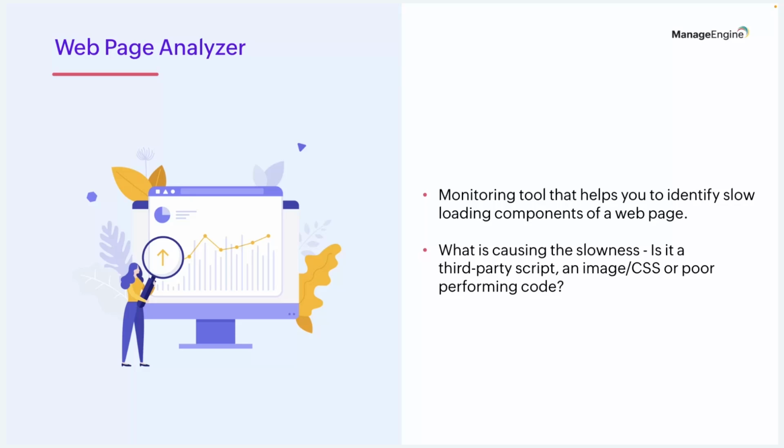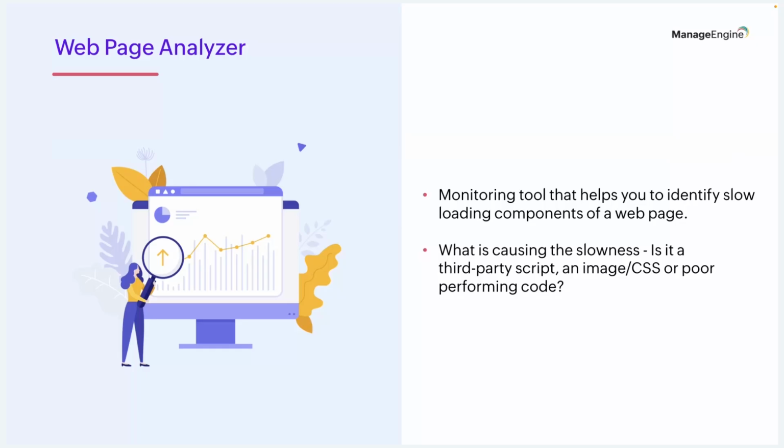This waterfall chart will give you a visual representation of the critical metrics related to each of the transactions, which will help you identify the components that are loading slowly. This way, you can prevent website downtime and slowness and help the website perform optimally. You'll also be able to manage the SSL certificate of your web page.